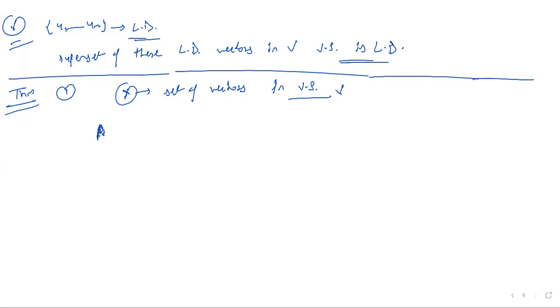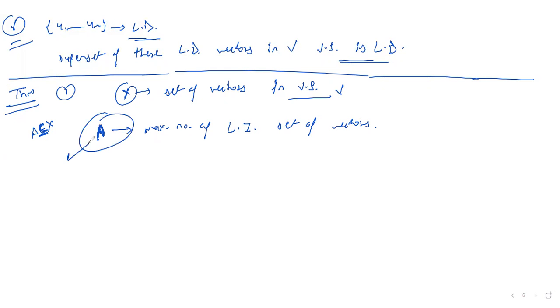We are considering A. From this x, what is this A? This A is a maximal linearly independent subset of x, which is a subset of x, but with the maximum number of linearly independent vectors.